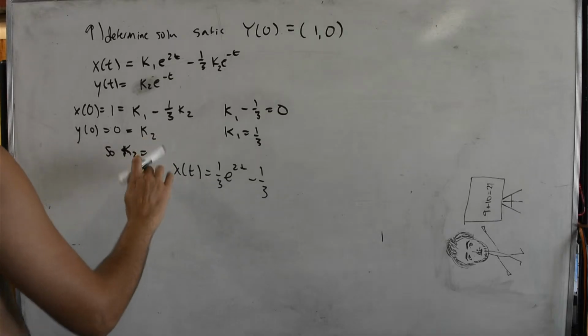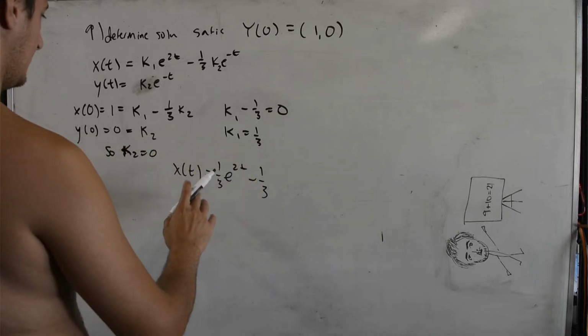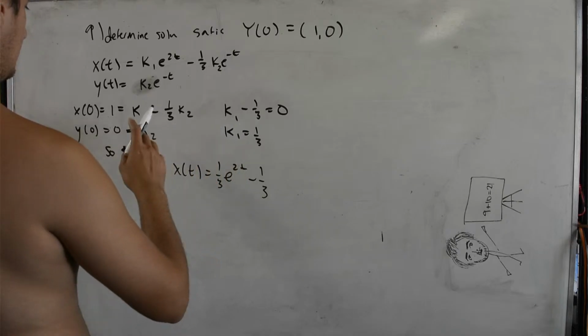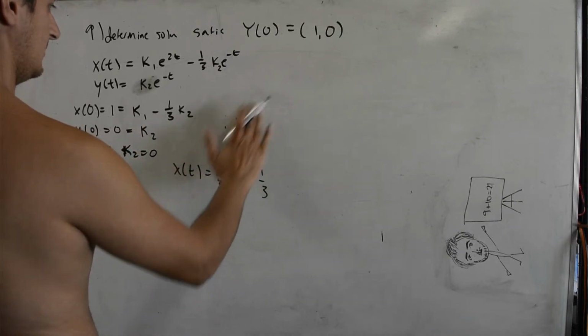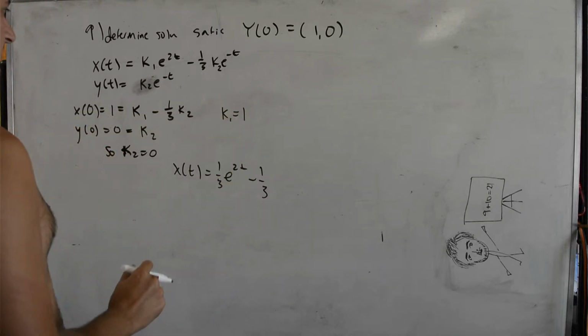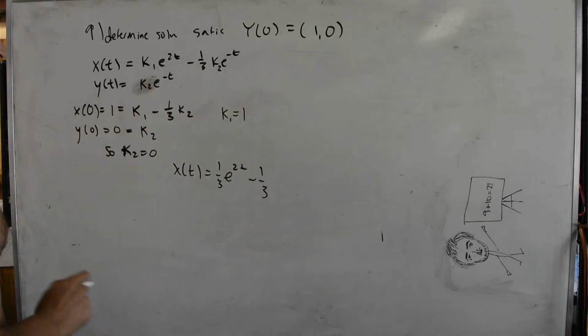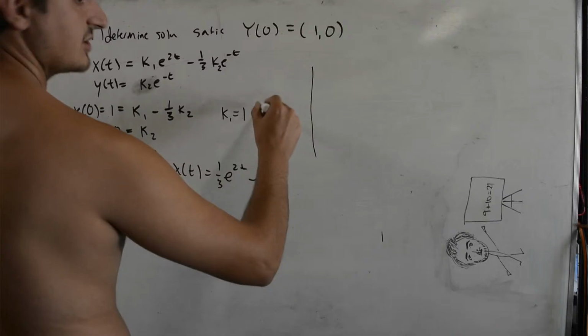K2 equals 0. So k1 equals 1. Is that right? So then that can't be right. Oh, you know what? That actually is right because that corresponds geometrically.